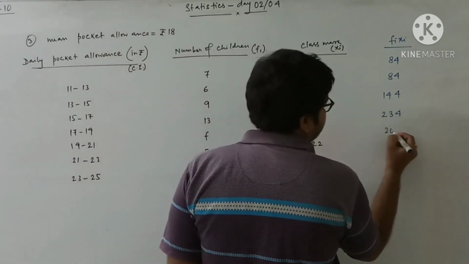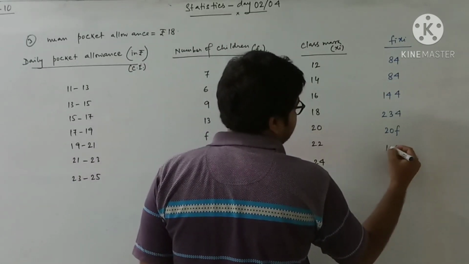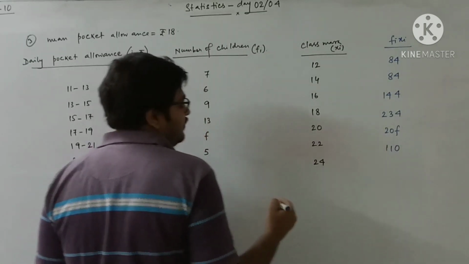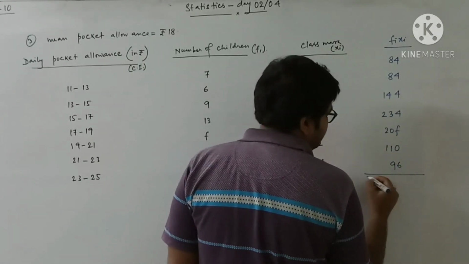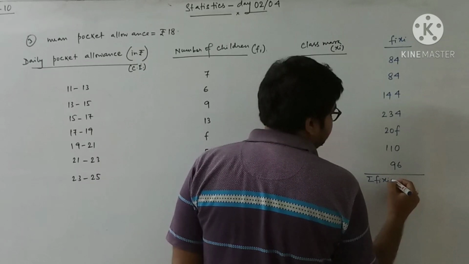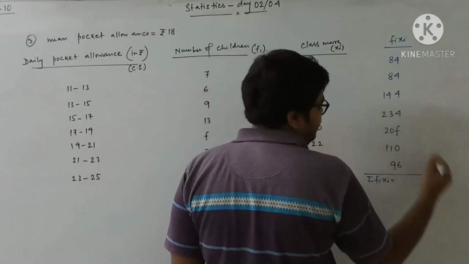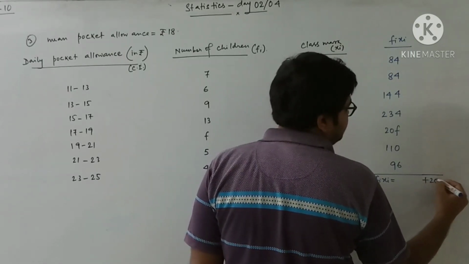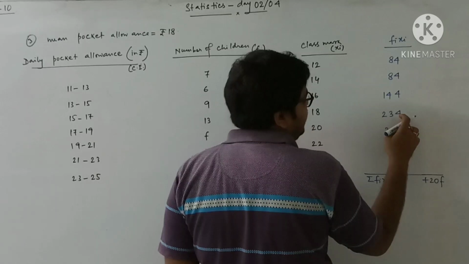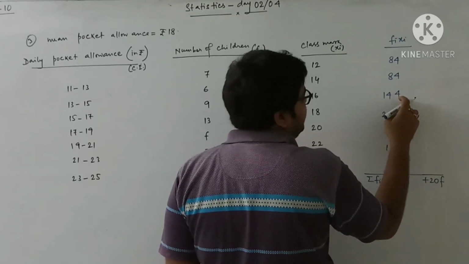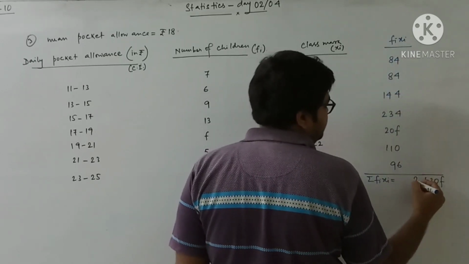20f, 5 into 22, 4 into 24. Now you find the summation of fi xi. Whenever we add all this, 20f we will write aside, and all the other numbers we will add. 6 plus 4, 10, 14, 18, plus 4, 22.